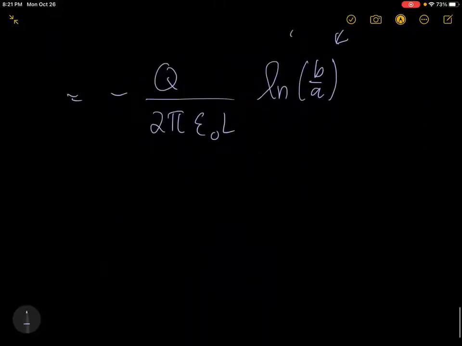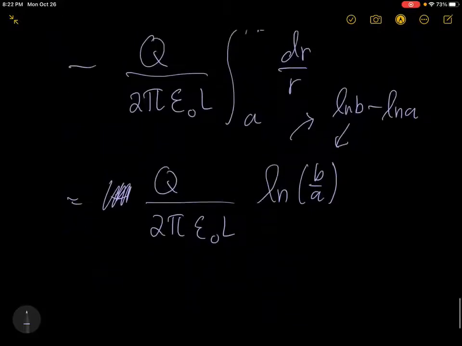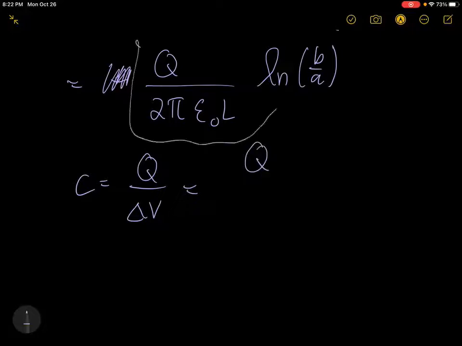Since we want capacitance to be positive again, we're just going to ignore this negative sign. As I said earlier, the general formula is the charge over the voltage. In this case, we found that this expression here is the voltage.